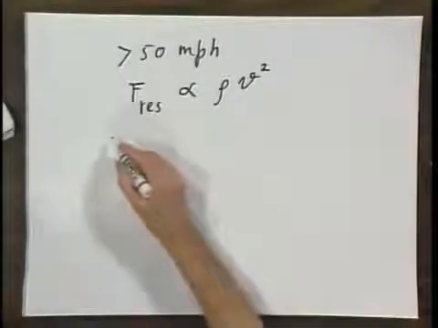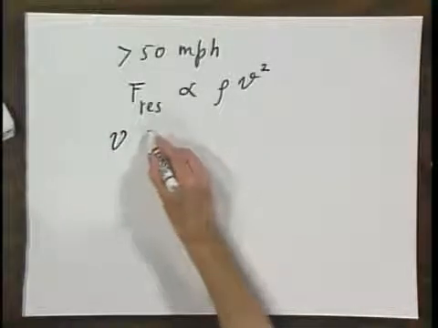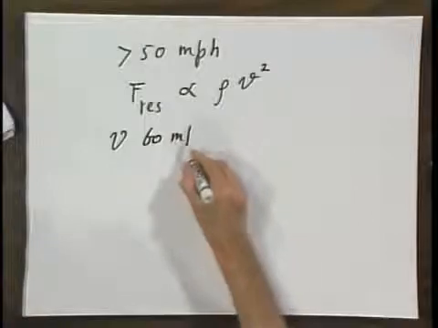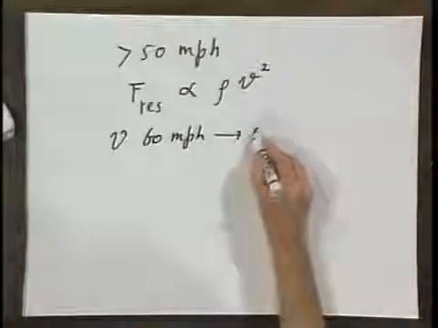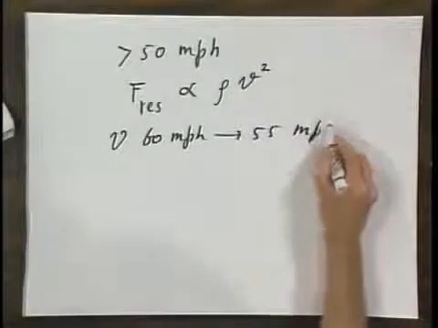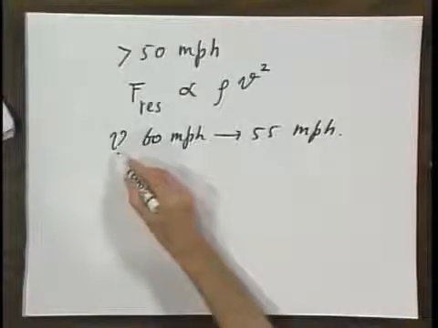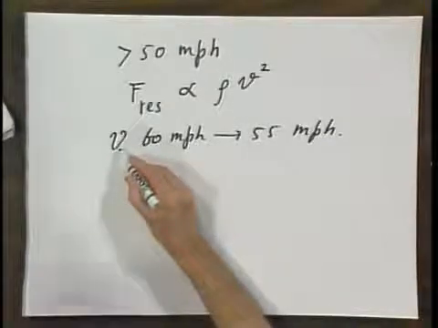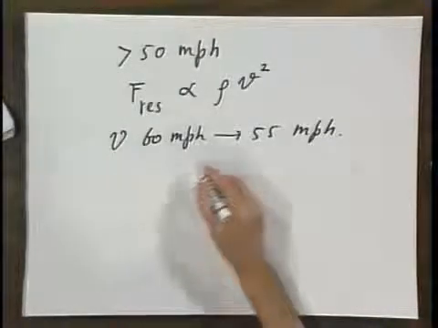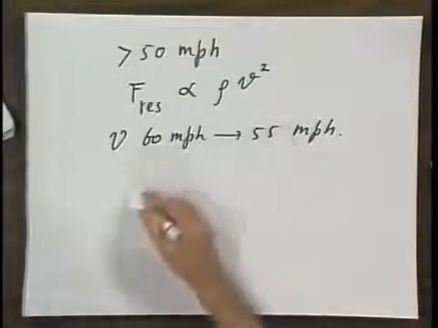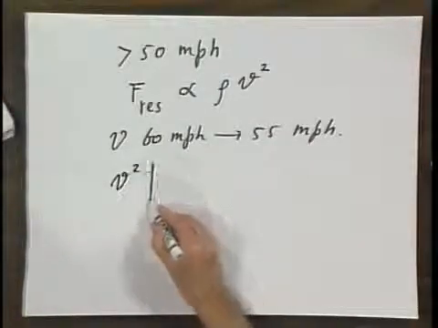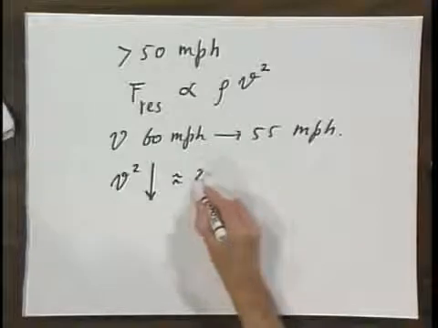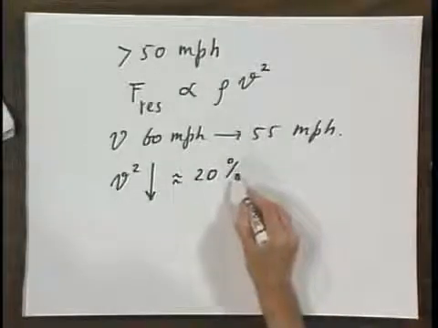Now, if you go from 60 miles per hour down to 55 miles per hour, that is a decrease in the speed, I should say, of 10%, very roughly. So V squared goes down by roughly 20%.